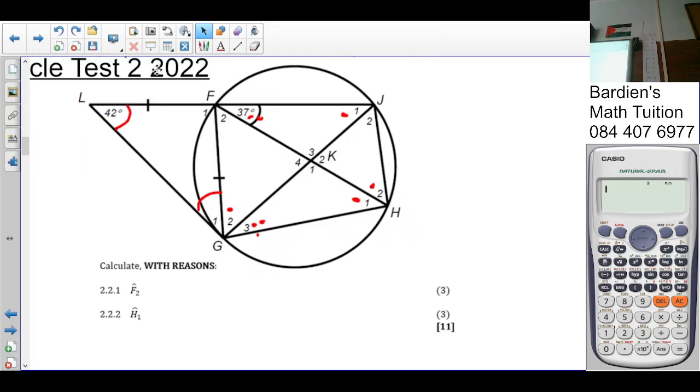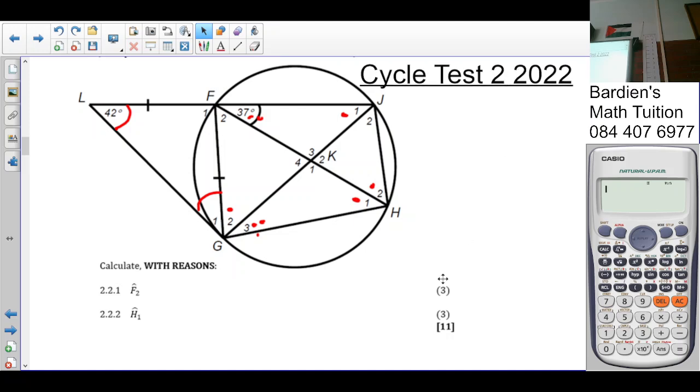So the first question says determine angle F2. Now F2, as you can see here, is part of the exterior angle of this triangle.